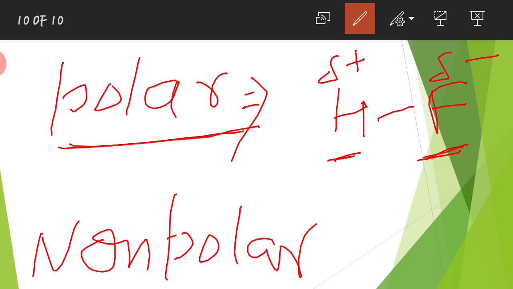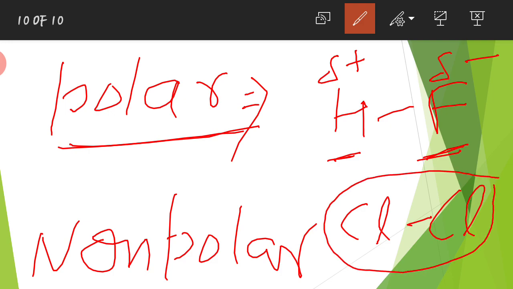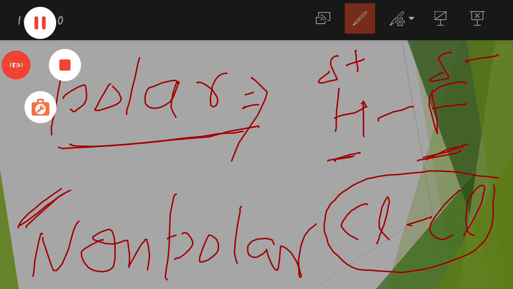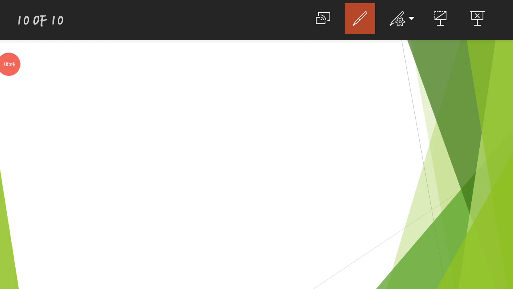But in case of H2 and Cl2, the bond is between the same element, and these molecules are non-polar. Electronegativity is very important.